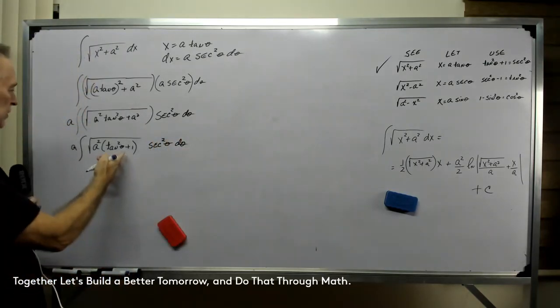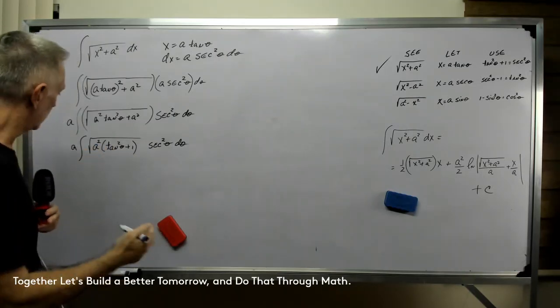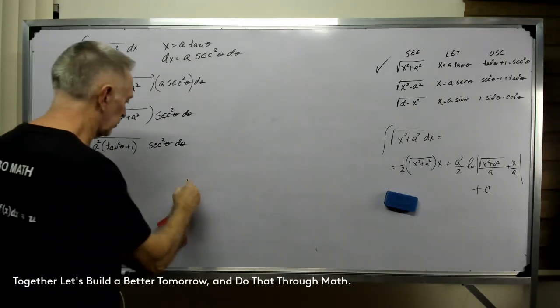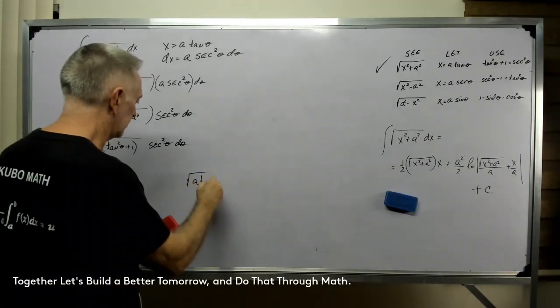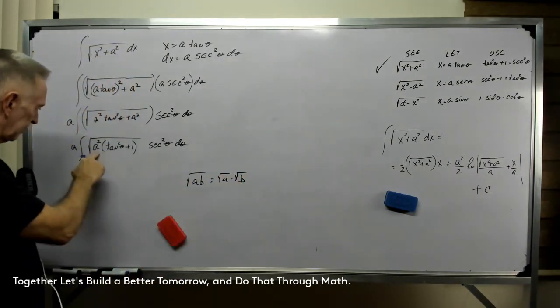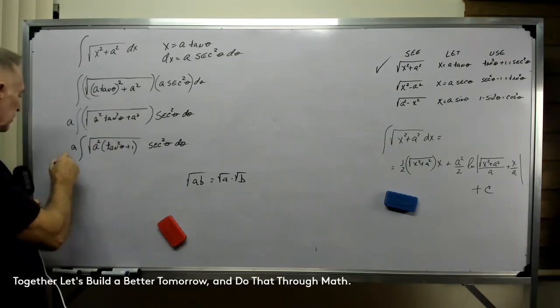Now what is tangent squared plus 1? Secant squared. You know the rule, the square root of a times b is the square root of a times the square root of b. So given that concept, I'll take the square root of a and bring it to the outside.